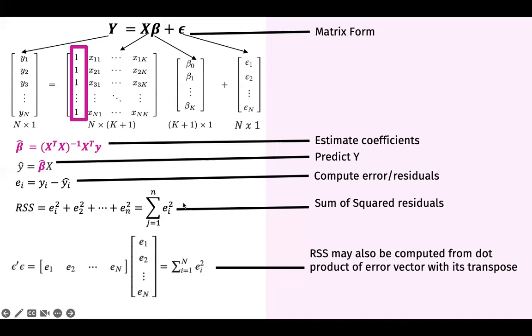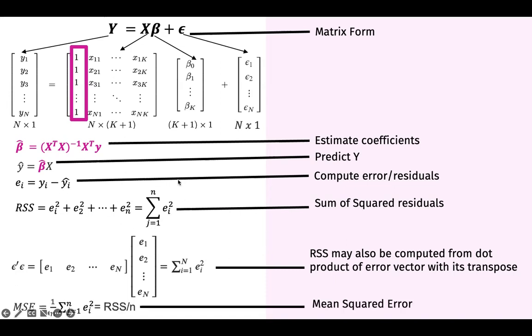Now, we can actually represent this RSS in another form, and we can compute that by simply taking the dot product of the error vector with its transpose. Okay, so as you can see here, we have the error, and then we take the transpose of that, and taking the dot product of these will be essentially equivalent to this formula.